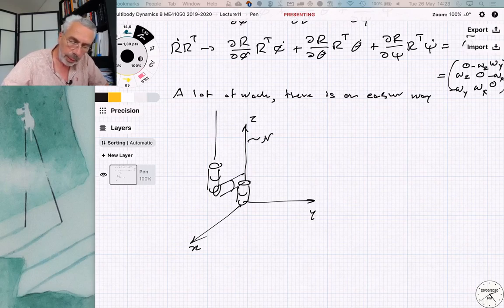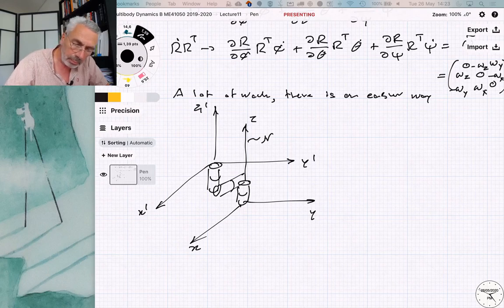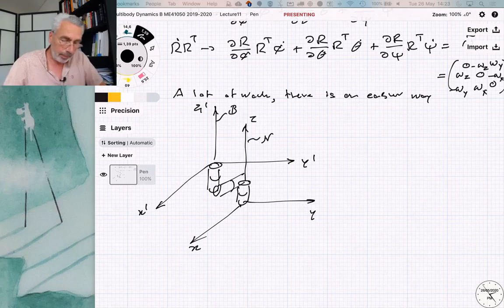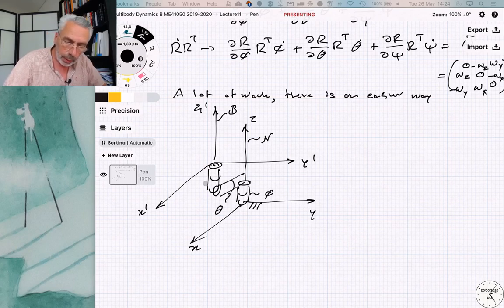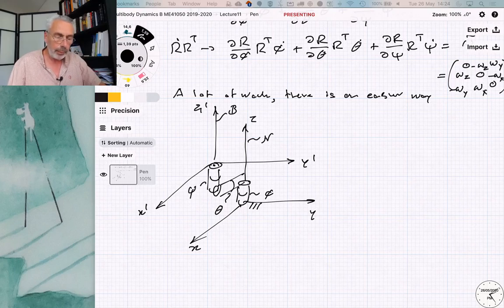And then here I can build this body fixed frame. Some like to call this x prime and y prime and z prime. I'm okay with that. Happy little primes, and I have no problem with that. All those happy little primes. Okay, this is then inertial, right? And here we have the body. Now let's put names to them. So the first one I call phi, the second one I call theta, and the third one I call psi.